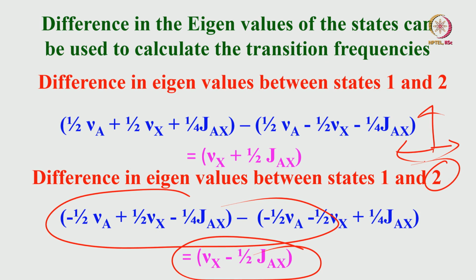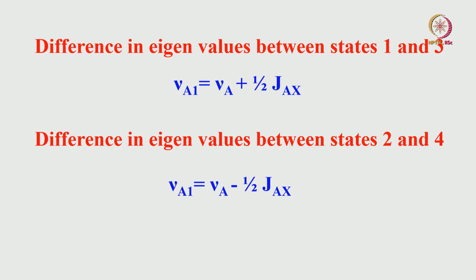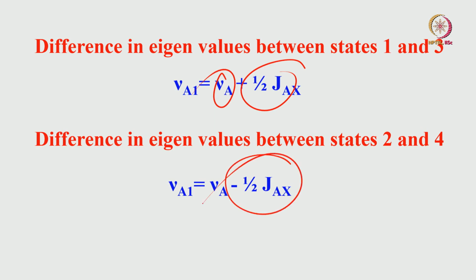There are two frequencies for X spin. Similarly, you can calculate for 1 3 and 2 4: one is plus half J AX with respect to A, the other is minus half J AX with respect to A. One gives a chemical shift of A plus half J AX, the other a chemical shift of A minus half J AX. So, essentially what happened?